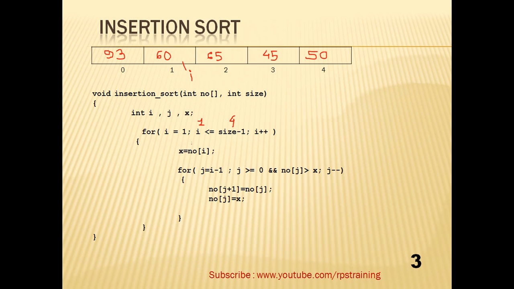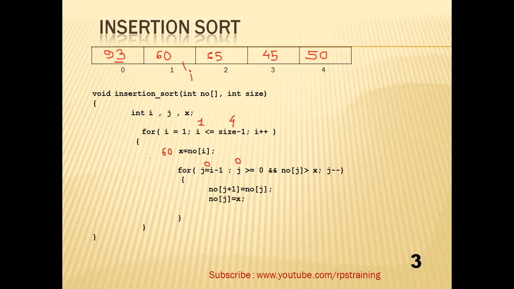x equals no[i], that is no[1], 60. x is 60. For j equals i minus 1, j will be 0. j will point to this item, 93. j greater than or equal to 0, 0 greater than or equal to 0, condition true, and no[j] greater than x. no[0] is 93, x is 60.